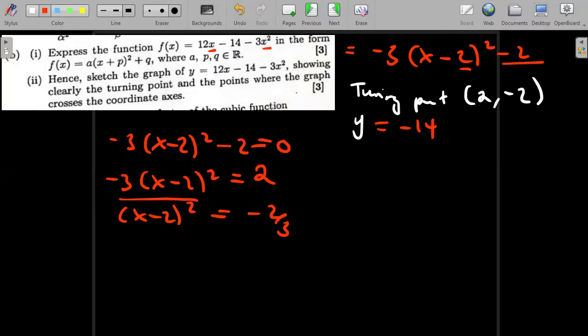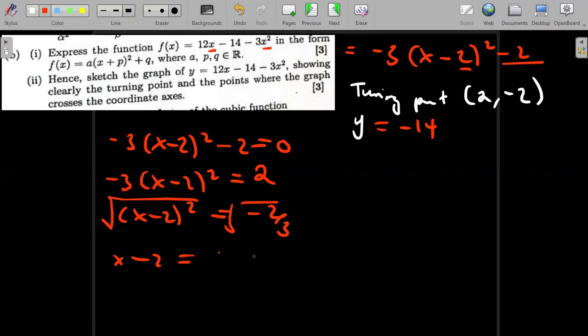Take the square root both ends, and you just have x minus 2 equal to, okay, so there, as you can see, we have this negative here.